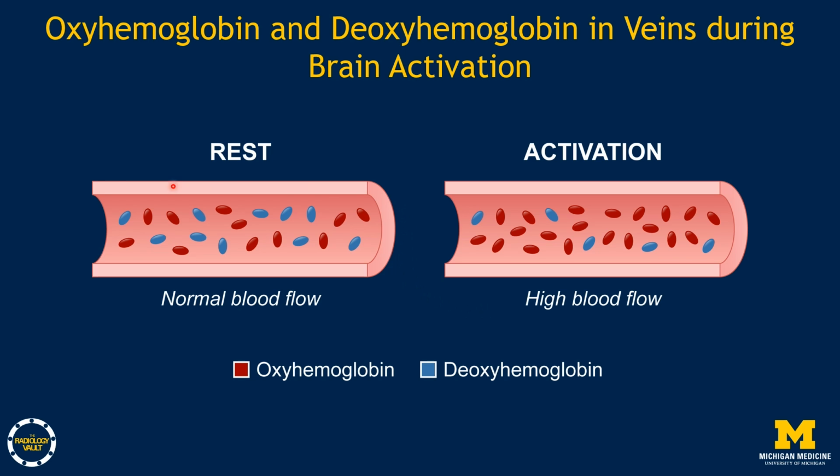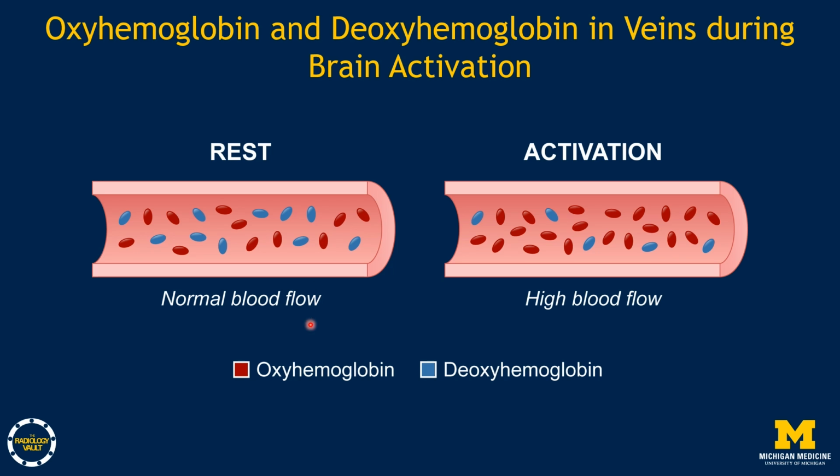So at normal state, when the brain is not working at rest, let's say there are certain amounts of oxyhemoglobin and deoxyhemoglobin, where deoxyhemoglobin is denoted by blue and oxyhemoglobin is red.